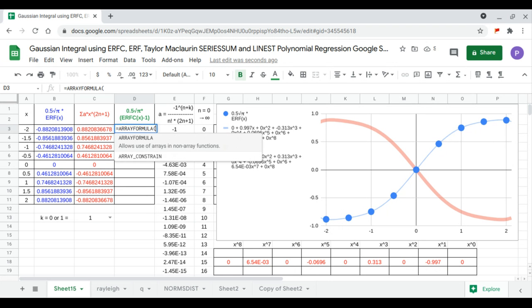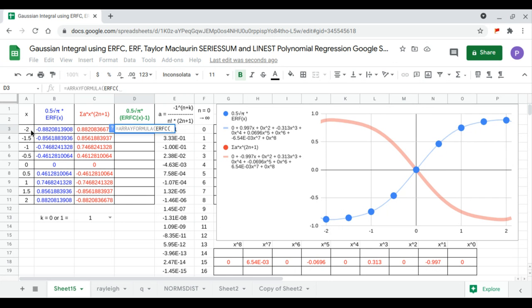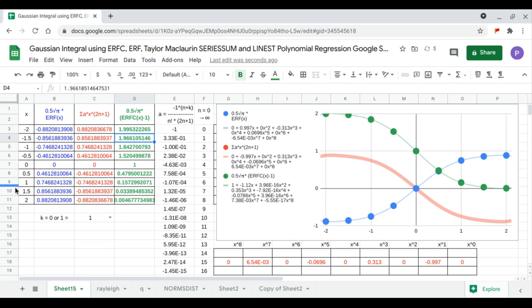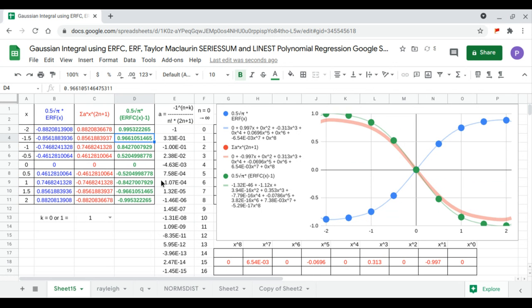Now for the complementary error function, this will be array formula ERFC of the x values. Next, we subtract 1, so minus 1, enter. And finally, multiply by 0.5 square root of pi.